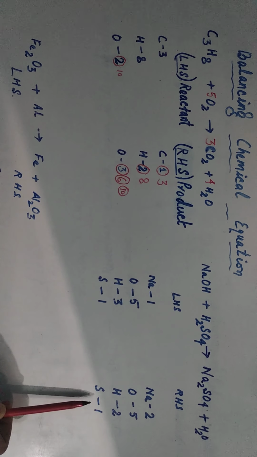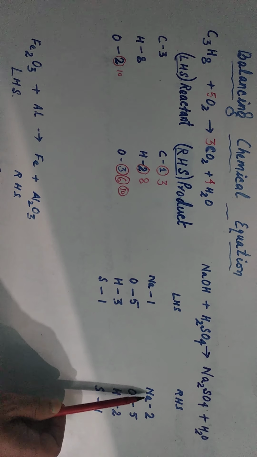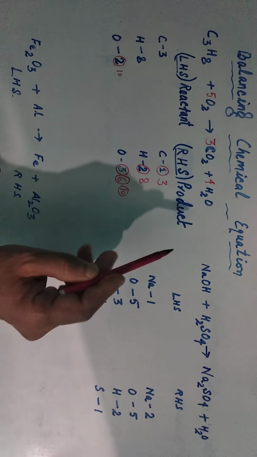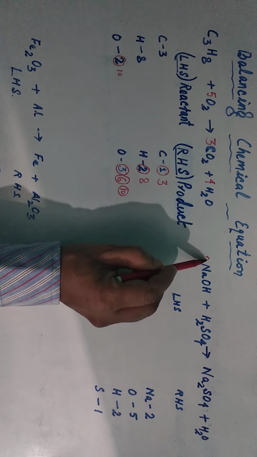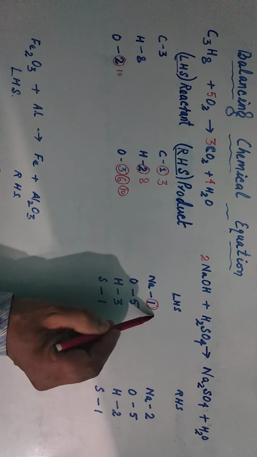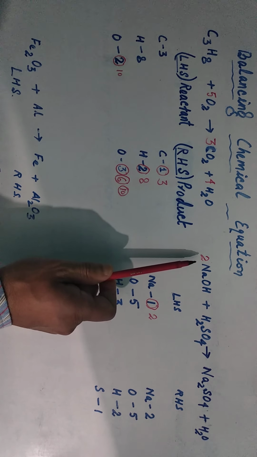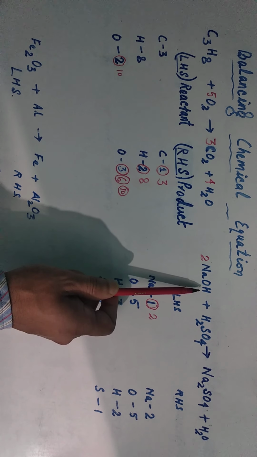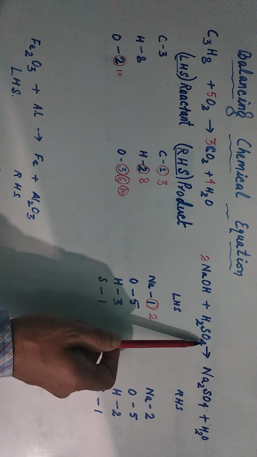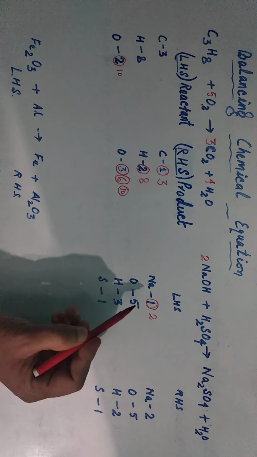Friends, we need to start balancing sodium first. On the right hand side we have 2 atoms of sodium, so we need to multiply this sodium hydroxide with 2. The new sodium atom count will be 2. Dear friends, since we multiplied this sodium hydroxide with 2, certainly the number of oxygen and hydrogen has changed. The new oxygen atom count will be 2 plus 4, it will sum up to 6.